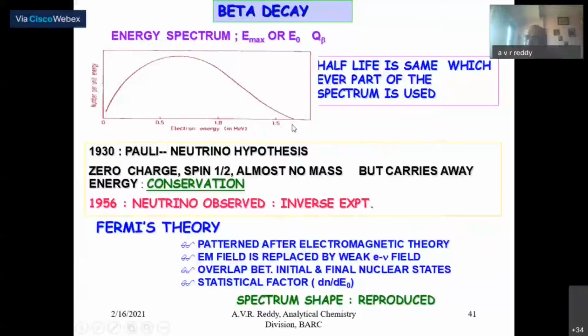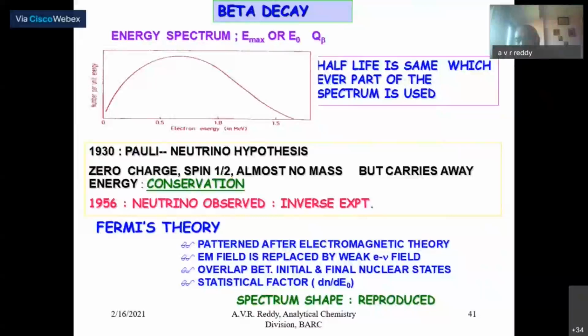How is it possible? There are two violations. Energy is not conserved because each beta particle, whenever it is measured, has a different energy. Nevertheless, the end value is matching with the Q beta. Whereas for the spin part, you have either even-even nuclei, or even-odd, or odd-even, or odd-odd nuclei, but they are a family of isobars.